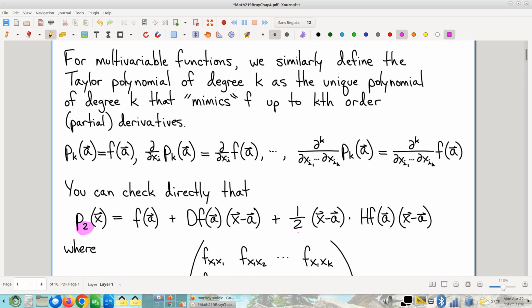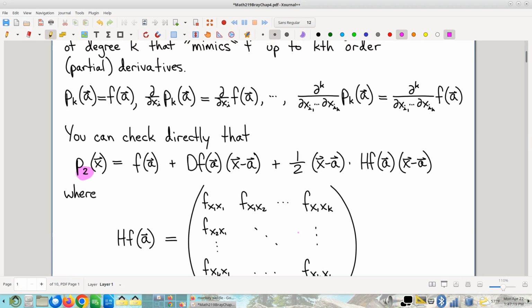All right, so what's the multivariable version of this? It's the same basic idea. We're looking for a function that has, among other things, the same value as f at some base point that we're interested in understanding f, so at the point a. Now I'm going to say it has to have the same derivative, but wait a minute, there's a bunch of different derivatives, a bunch of different partial derivatives.